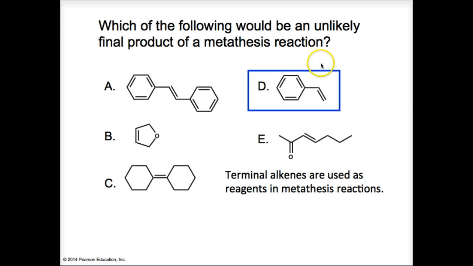And this is a terminal alkene, so it's more likely to be a reactant in the metathesis reaction than a product of it. A, B, C, and E could be rejoined fragments that occur in the metathesis reaction. They do not have any terminal double bonds present in any of these. So the best answer would be D. Okay, that concludes our discussion of these 11 problems.